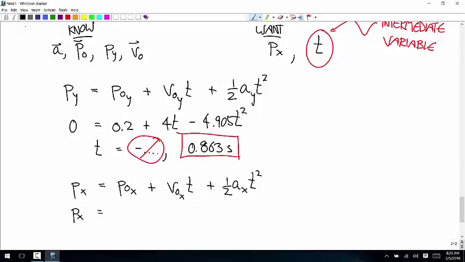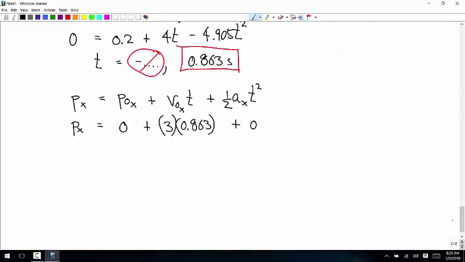So px is equal to 0 plus 3 times 0.863 plus 0. And so px is equal to 2.59 meters.